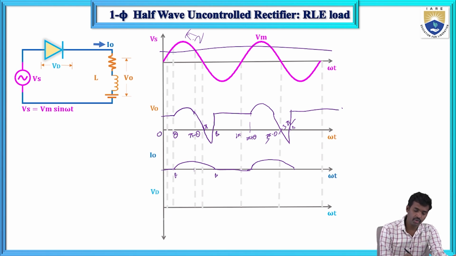And now I am drawing the output voltage and the diode voltage. The diode is conducting up to here.